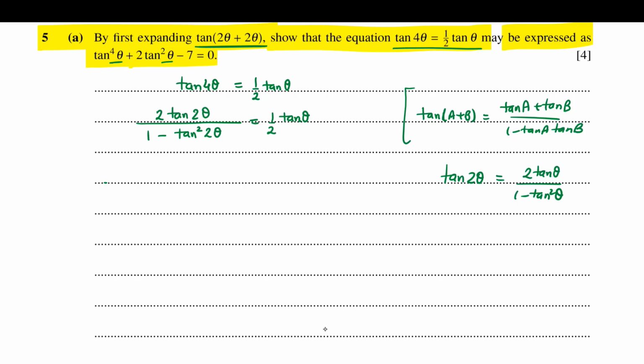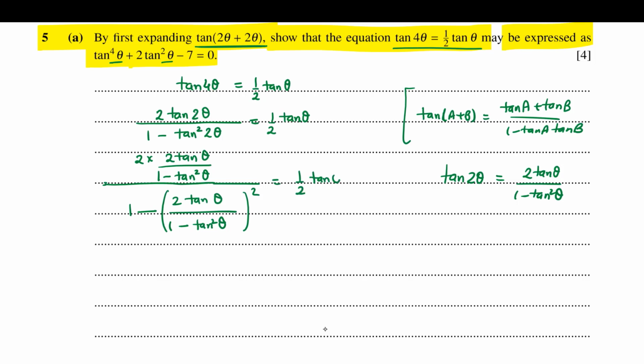So here it becomes 2 times 2 tan theta over 1 minus tan 2 theta square, where tan 2 theta square is the square of the same thing, 2 tan theta over 1 minus tan square theta, equals half of tan theta.